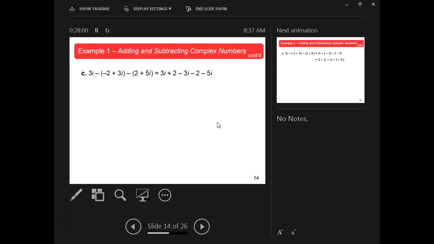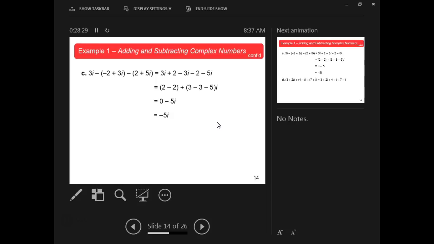That would be 0. How about your imaginary part? Is 0. And then you get a negative 5i. Okay? Now let's see what they did. They removed parentheses and regrouped the terms together and got negative 5i. Okay, good for them.